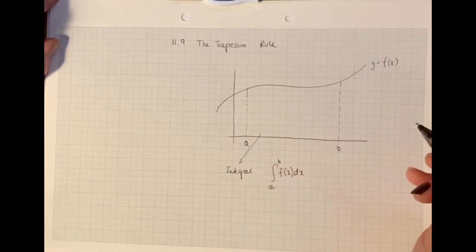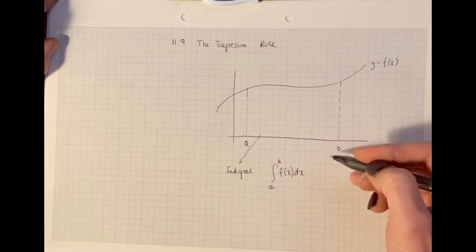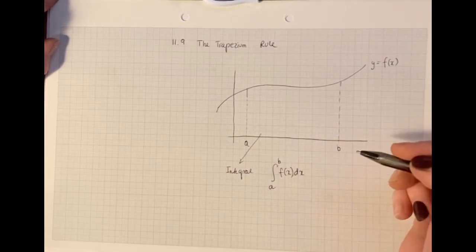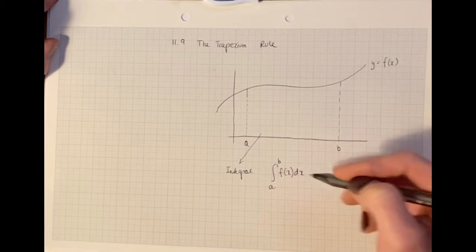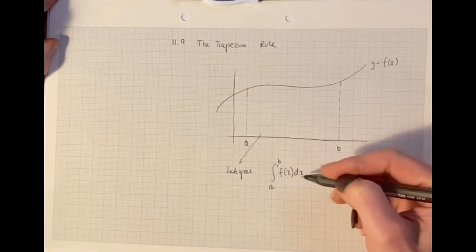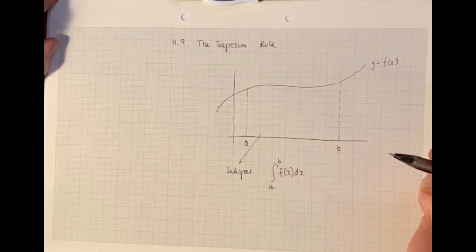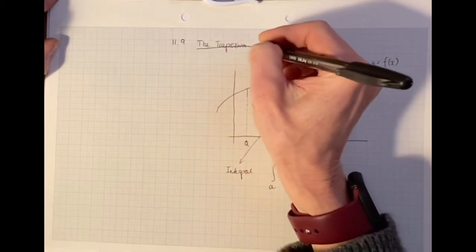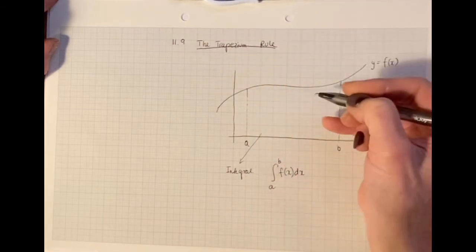Now, if you can come up with another way of evaluating this area, then depending on how accurate you are, the value should be pretty close to the integral. One of the ways of doing it is to use the trapezium rule.